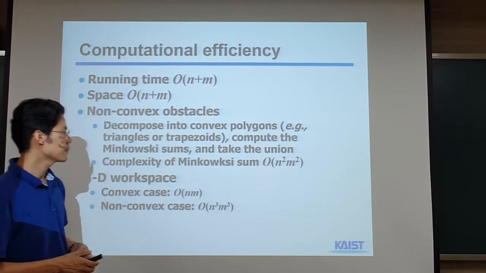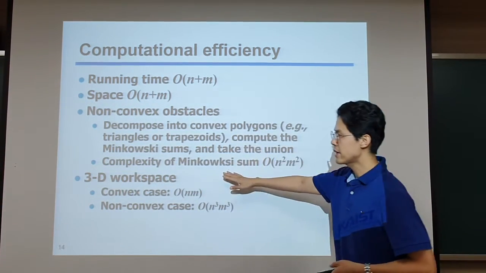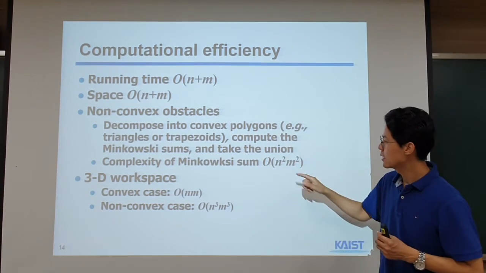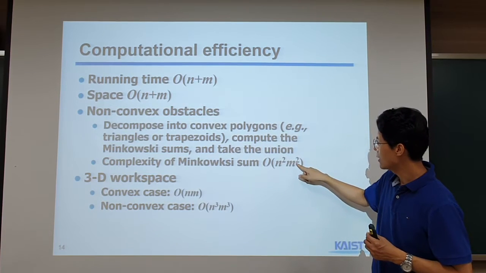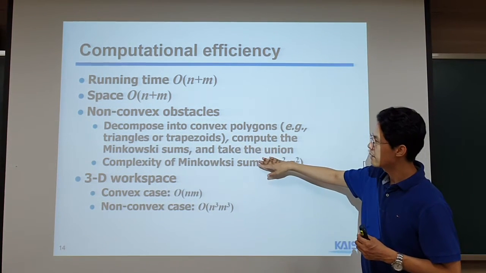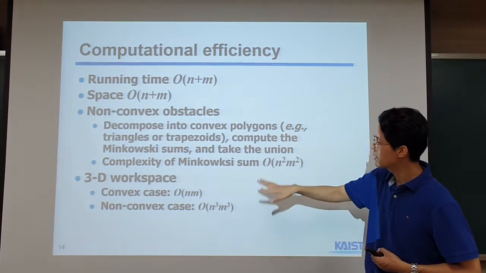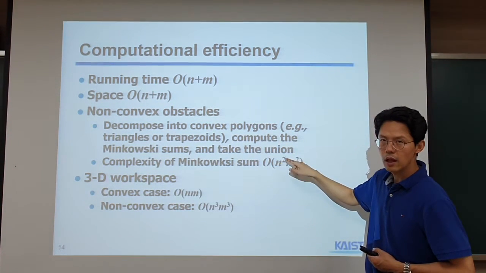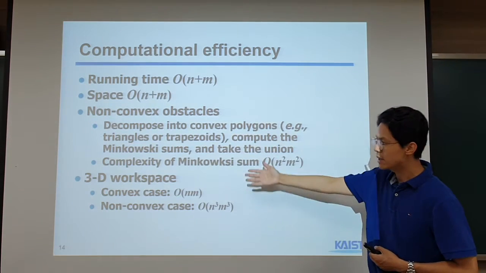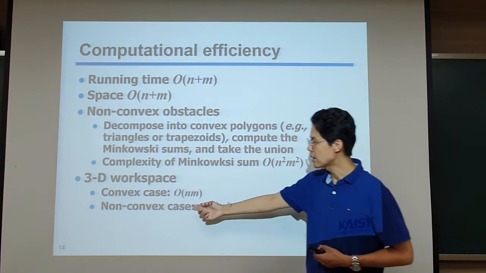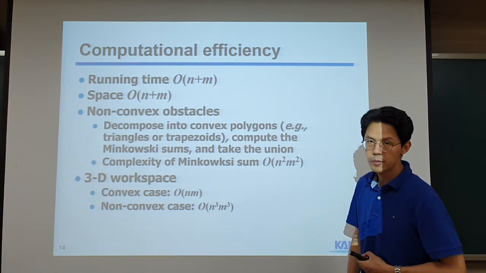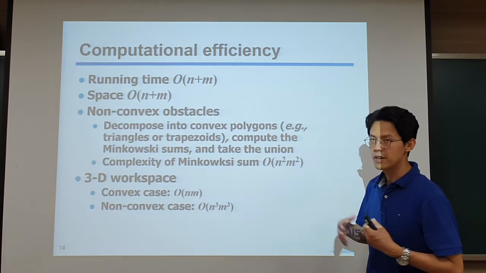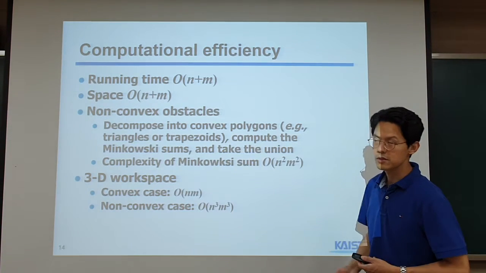It turns out that in that case, assuming n is the same as m, for a non-convex shape in the 2D case, the complexity of the Minkowski sum turns out to be big O of n to the power 4. In the 3D non-convex case, the time complexity is big O of n to the power 6, which is very high and we cannot use it, right?